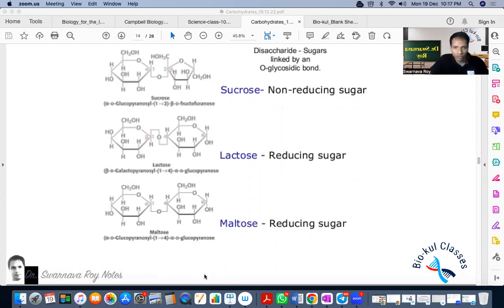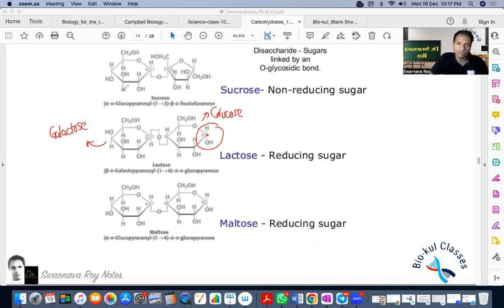Okay, so now when we look at this, this is basically the galactose, and this is the glucose. And in the glucose, we can see the anomeric carbon is free. You see, this carbon is free. It is not bonded with anyone.